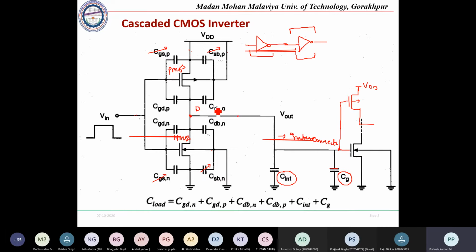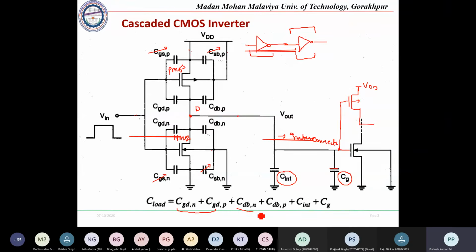So the remaining capacitances will be CGD of the PMOS and CGD of the NMOS, which are oxide capacitances. Second will be CDB, the drain to body capacitance, for both the NMOS and PMOS.